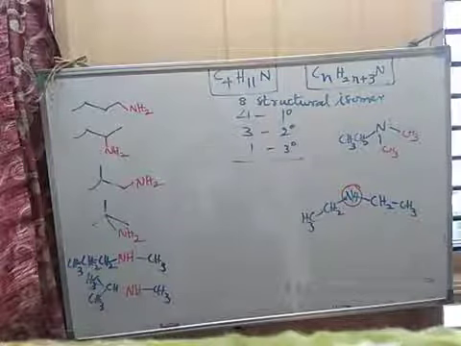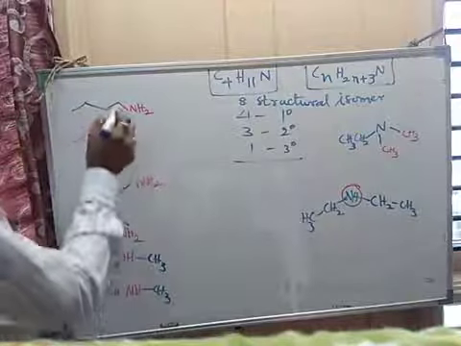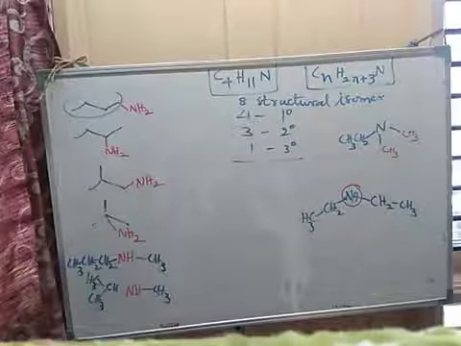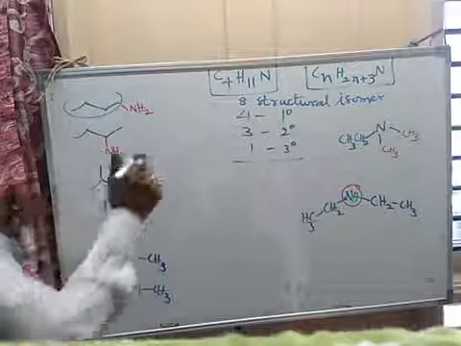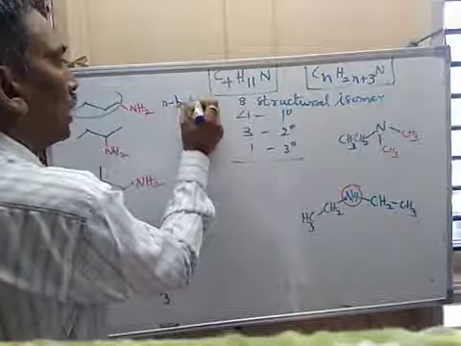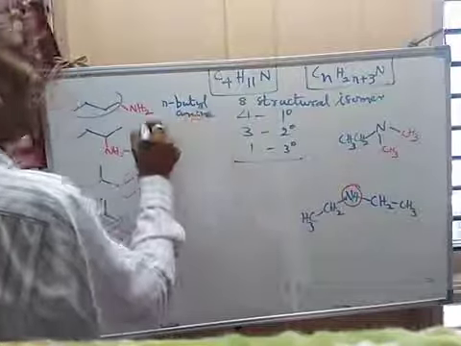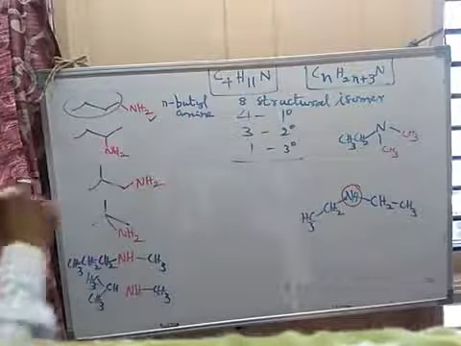Now come to the common name and IUPAC nomenclature. What is the common name? This is which group? Butyl group, N-butyl amine. But in the examination, what is largely concentrated on? The IUPAC name.